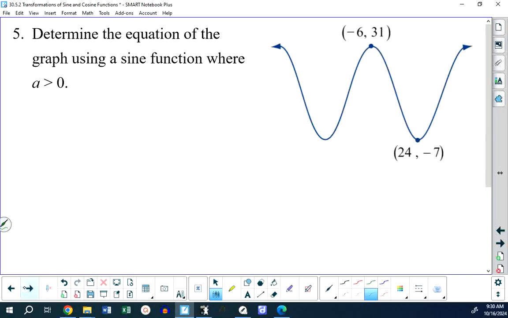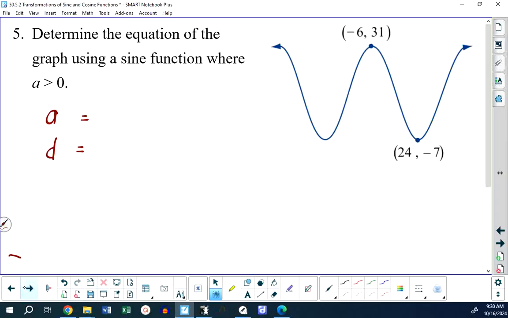Now comes the most difficult type of question. We want the equation of this using a sine function. Okay. It should be child's play to find a and d. I'll give you a minute to figure out what a and d are equal to.